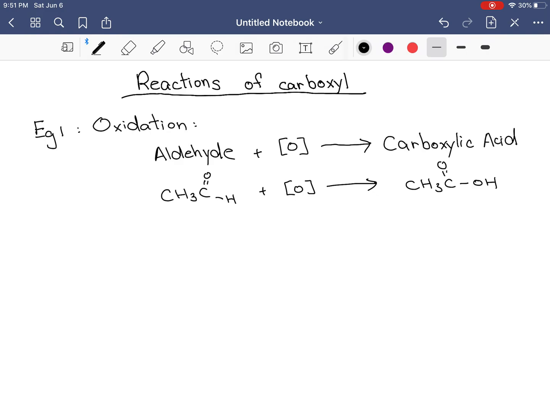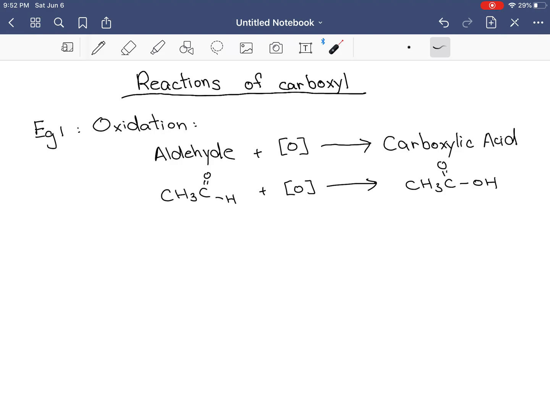Now, what you can see here is that an extra oxygen was added, which is indeed a legitimate oxidation reaction, because oxidation can have three instances: the addition of oxygen, like we see here, the removal of hydrogen, which we saw yesterday, and of course in chapter 9 we saw the decrease in the number of negative charge. So an oxidation reaction can happen to an aldehyde to give you a carboxylic acid.